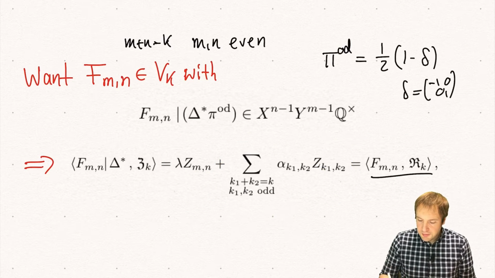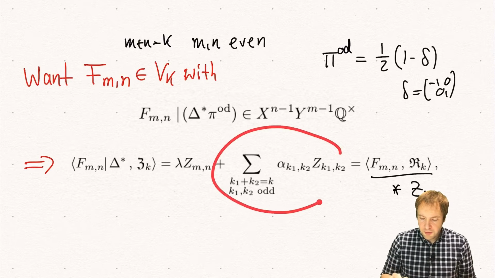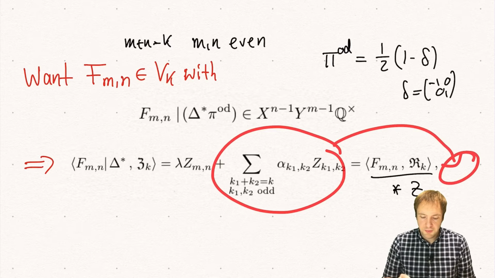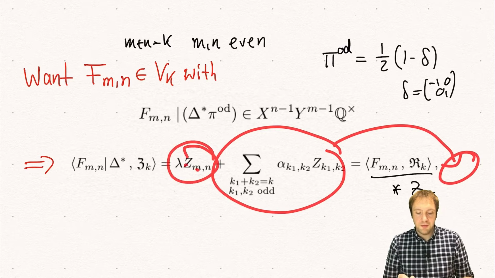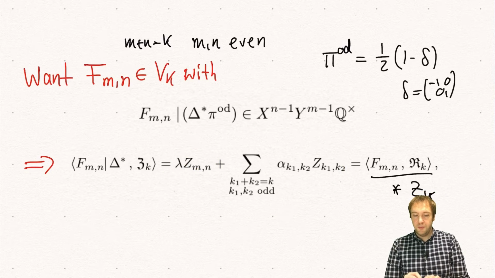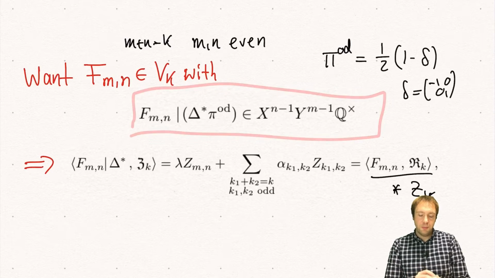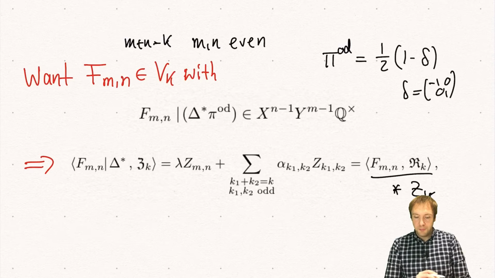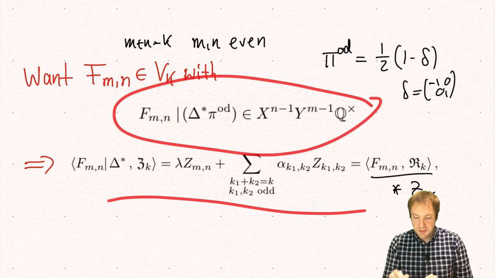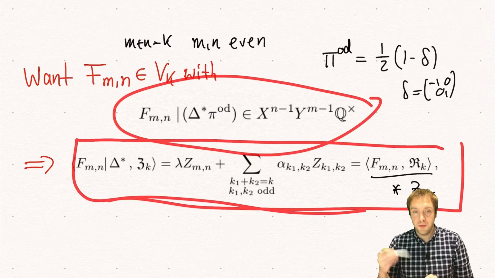And this part here just gives some multiple of z_k. Therefore, if we then put this on the right side here, we can express z even in terms of z odd. So we want to find these special polynomials f_mn with this property, because this will then prove our theorem.